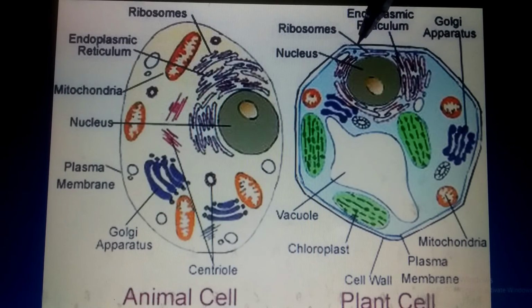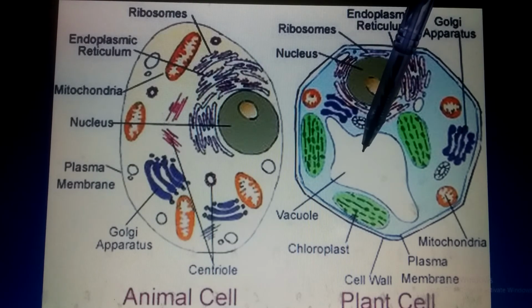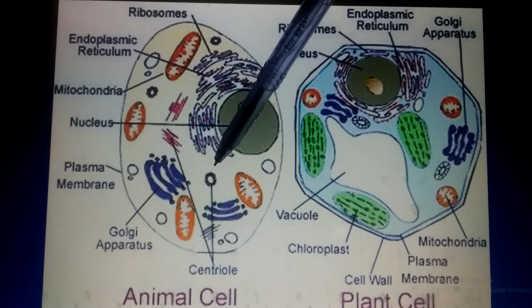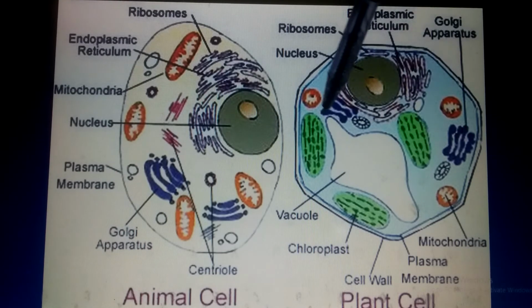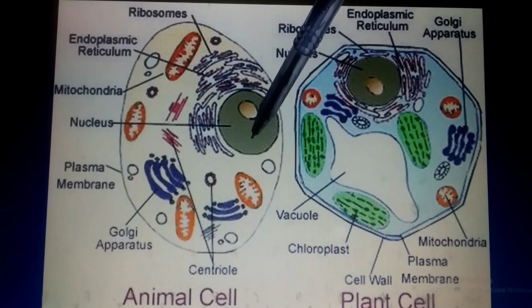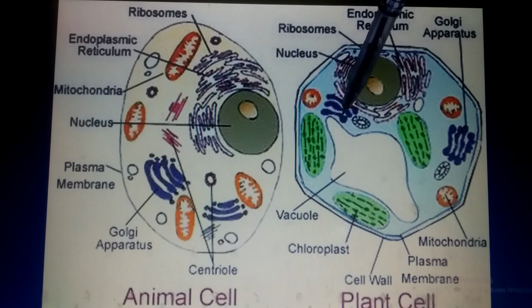Now the fourth difference. Centriole is present in the animal cell but absent in the plant cell. That centriole helps in cell division, and it is absent in the plant cell.